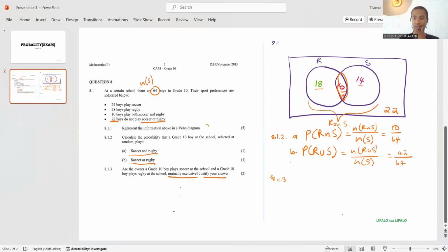There's A and B, there's R and S, there's an intersection here. So are they mutually exclusive? No. Why? Because of R and S. It's not equal to 0.